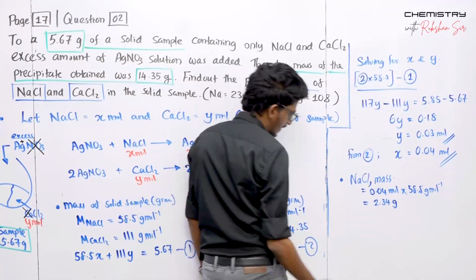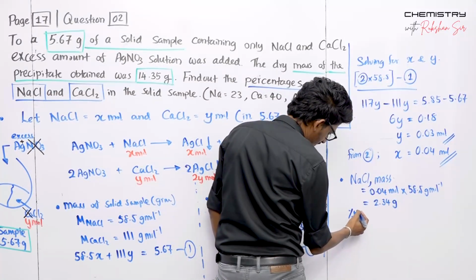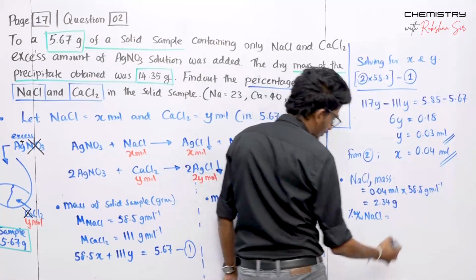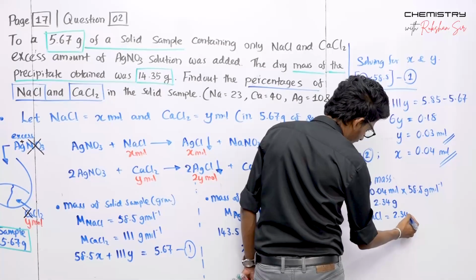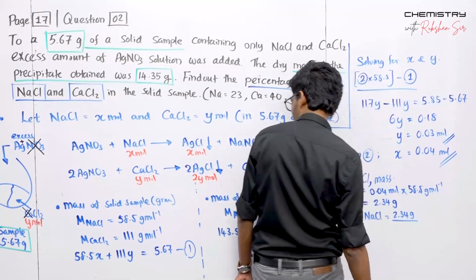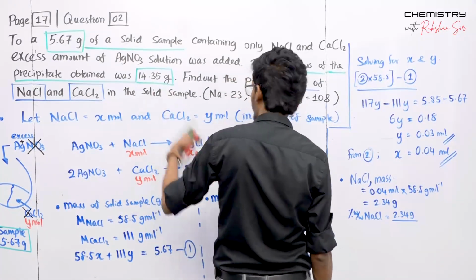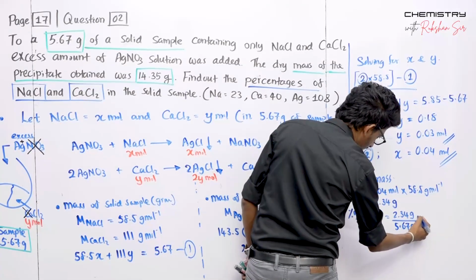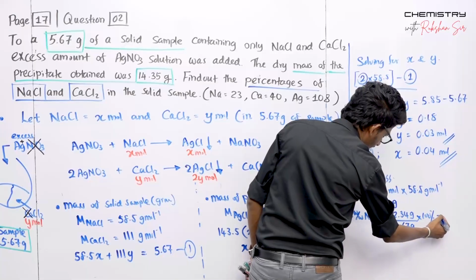So then we can calculate the percentage. That's going to be 2.34 grams divided by the total mass, which is 5.67, into 100.